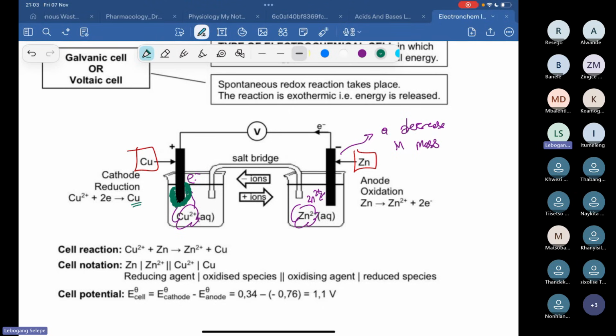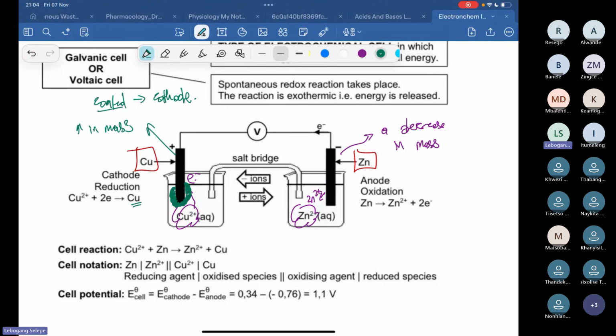So because this electrode is being coated, we say that we would have an increase in mass, right? Another mnemonic that I was taught in high school, very important: any electrode that is coated is called the cathode.